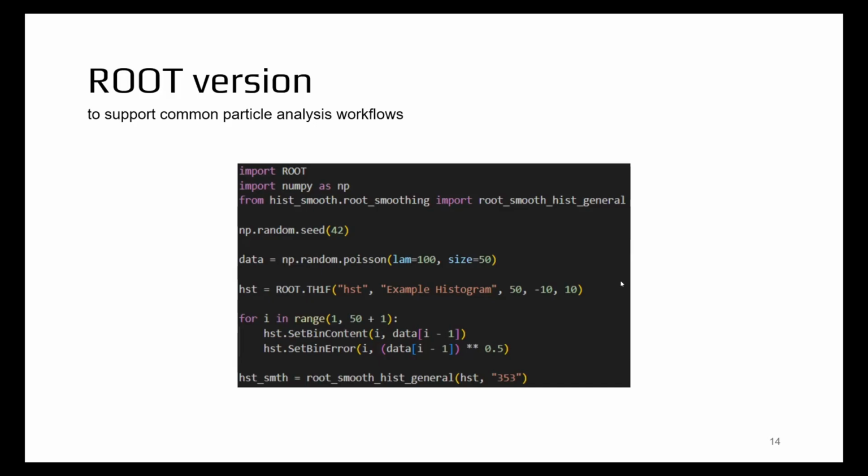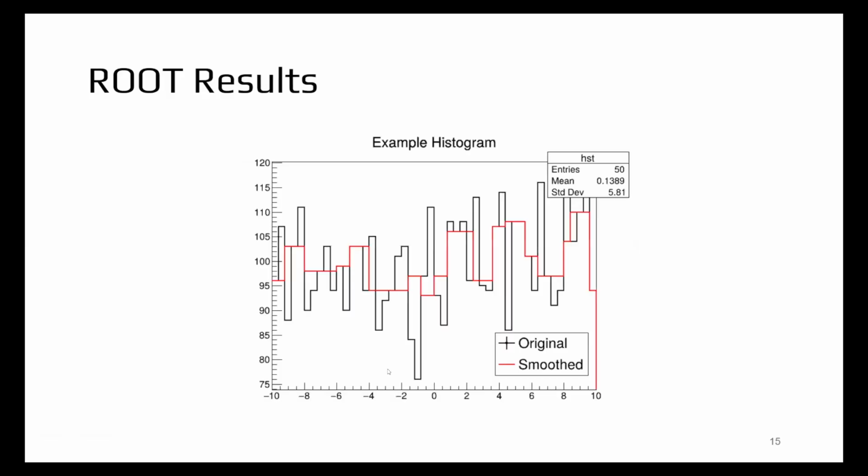We create a ROOT histogram, apply smoothing using a ROOT-specific function. And here are the results. Black is the original and red is smoothed.